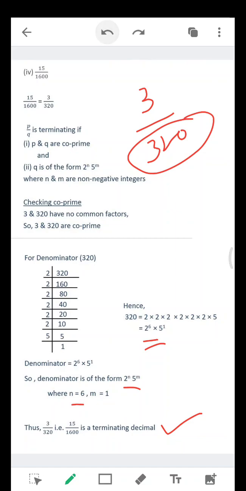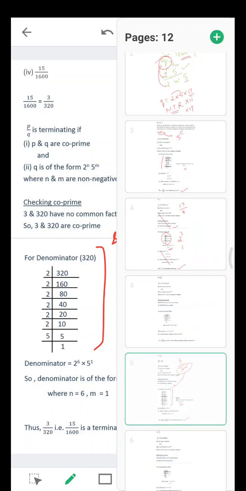So I am again saying, all these things are not required if this question is asked for 1 mark. What is required? Just simplify this, prime factorize the denominator and see what its prime factors are, whether they have 2's and 5's, or only 2's or only 5's. There are 3 cases.